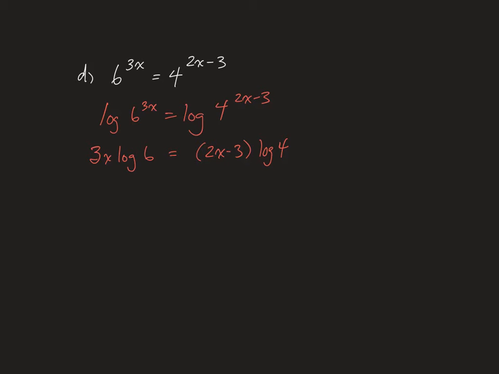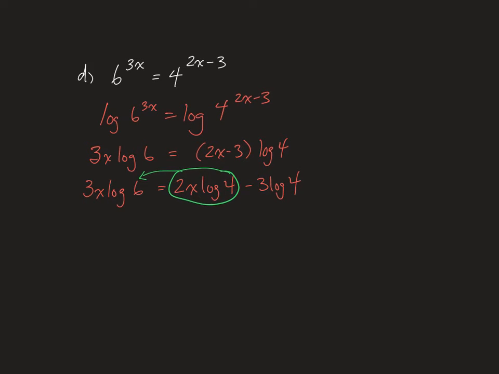I want you to take a look on the right side because I can simplify that right side by expanding my brackets. And now I have individual terms. So my job, to be able to go through and solve for x, which means that I need to now collect my x terms.